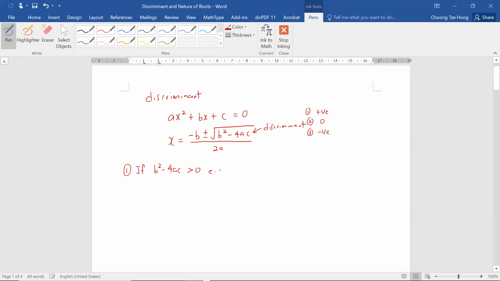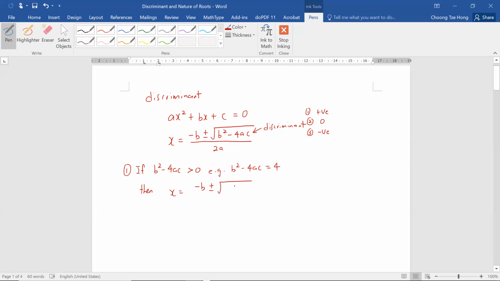For example, b squared minus 4ac is a number like positive 4. Then how many answers will we be able to get for x? Minus b, in an actual question, will have a certain number. A, b, and c in the actual question will have some numbers, but for now we are not concerned about what number it is, so I'll just leave it as minus b.